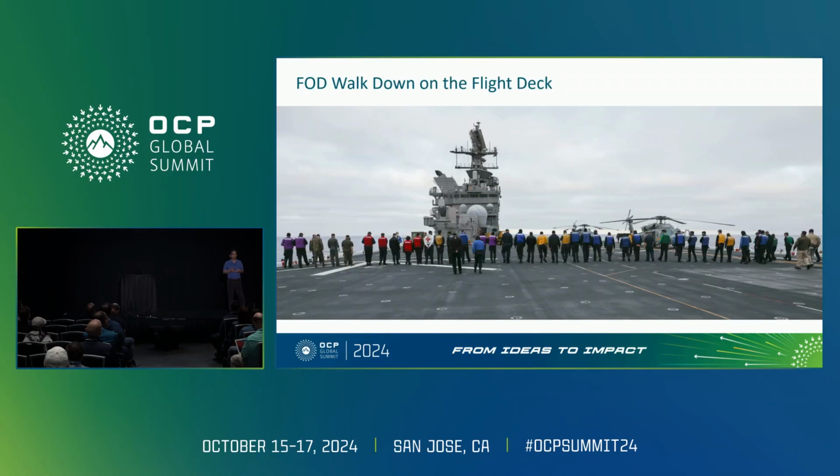As we move on to AI and ML, with networking starting at 800 gig, even 1.6T per port, everything becomes critical. This picture is going to show you an aircraft carrier. As you can see, people walk through the deck. If there is any foreign object debris on the deck, it can cause a disaster. I use this one as an analogy.